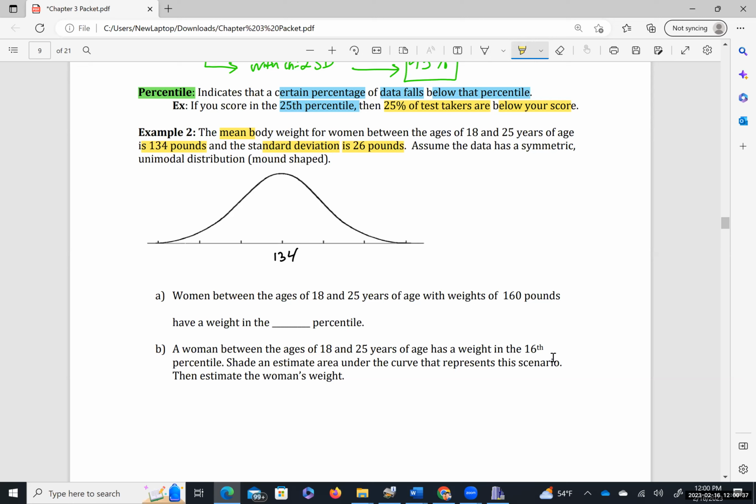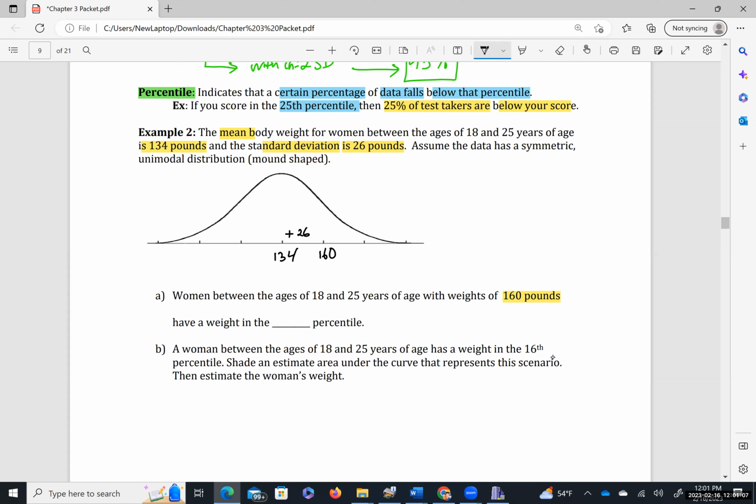All right, so we want to know about a woman between the ages of 18 and 25 years old with a weight of 160 pounds. Where is 160 pounds? Okay, so if you add one standard deviation, which is 26 over here, to the mean, you get 160.